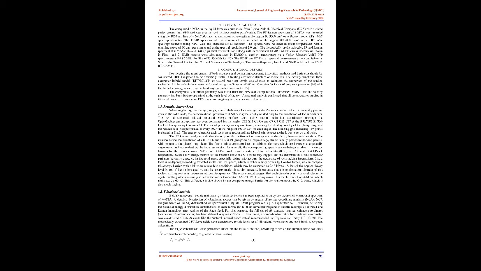The FT-IR spectrum of this compound was recorded in the region 400-4000 cm-1 on an IFS 66V spectrophotometer using a NaCl cell and standard DTGS detector. The spectra were recorded at room temperature, with a scanning speed of 10 cm-1 per minute and at the spectral resolution of 2.0 cm-1.